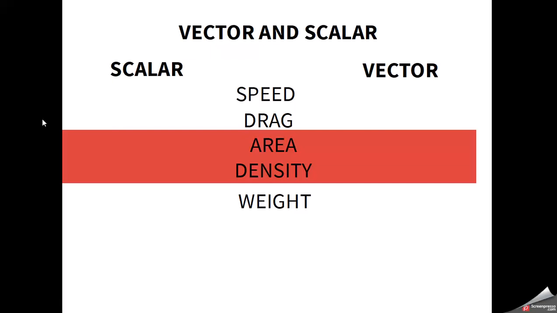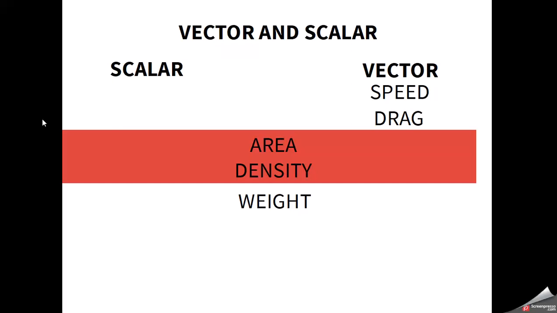So when we look at speed, is it a vector or scalar? Well, it's a vector because speed is in a particular direction. I might be moving to the left, to the right, and so on, but I can also measure it. Working in the opposite direction, drag is pulling backwards, so it's in a particular direction, and I can also measure it.